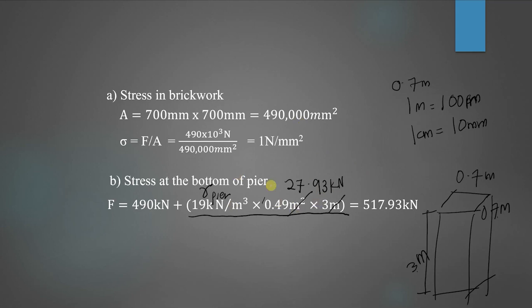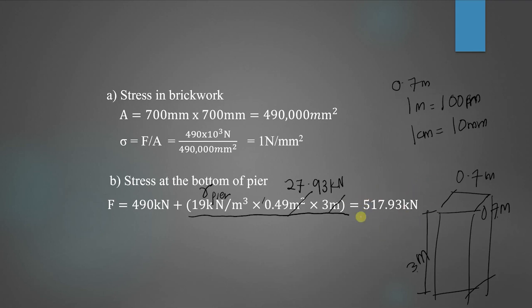Therefore, you just add it with this 490 kilonewton, because this 490 kilonewton is also a load from above, which is coming from the column. So now you have to total up all the loads including the self weight of the pier and you will get the value of the total load.